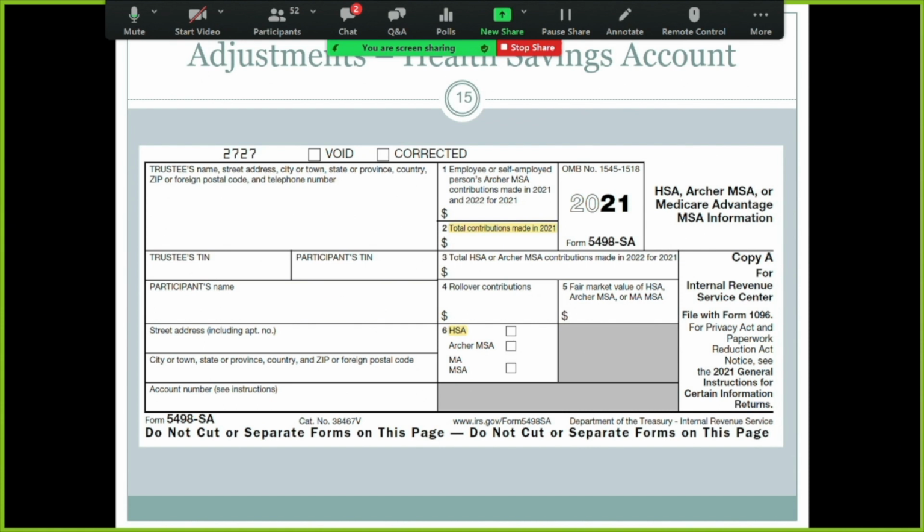So this is what that form looks like. And the adjustment for a health savings account would be listed on line 13 of the Schedule 1.